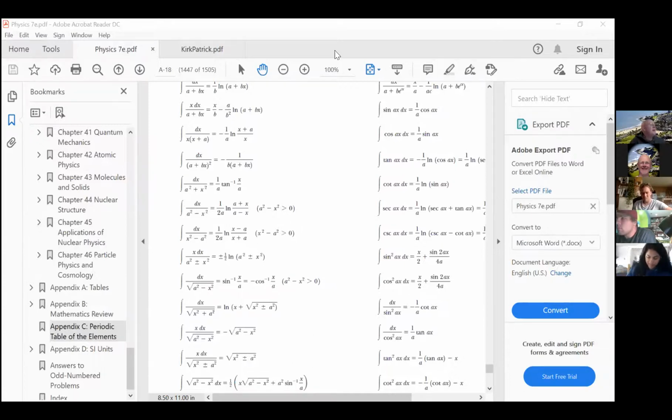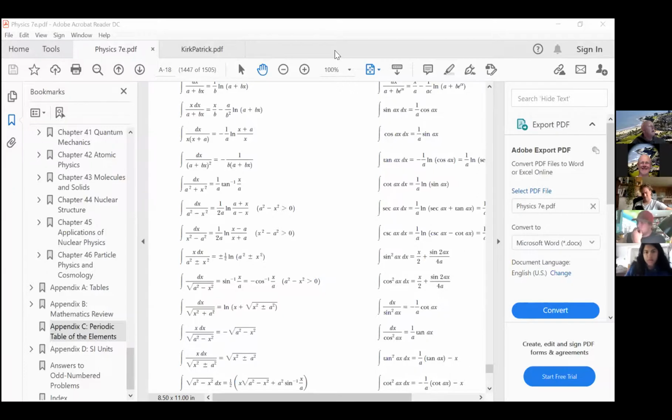So it looks like it would be x over b, that's what the table says, but that b, as I look in there, would be the coefficient in front of the x in the denominator, so that's 1.